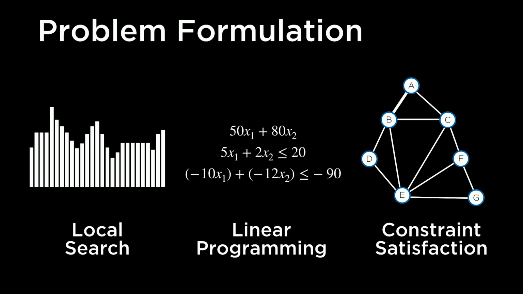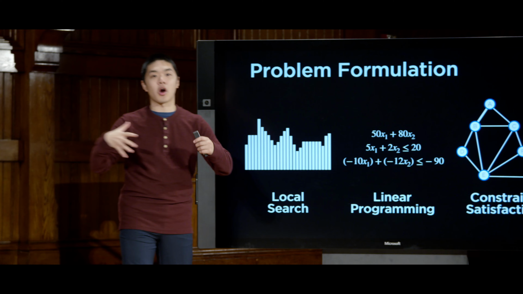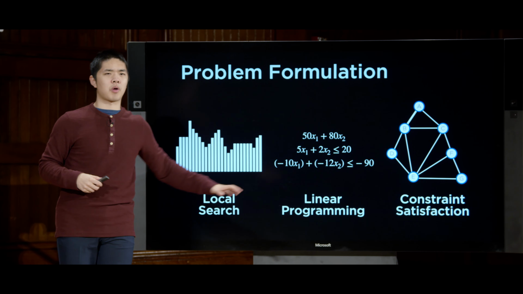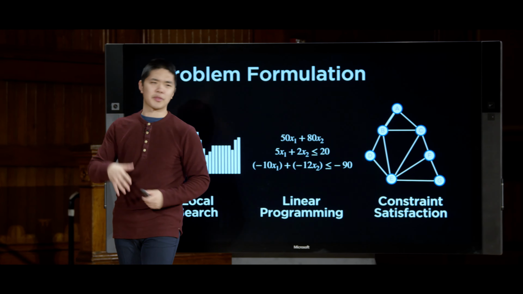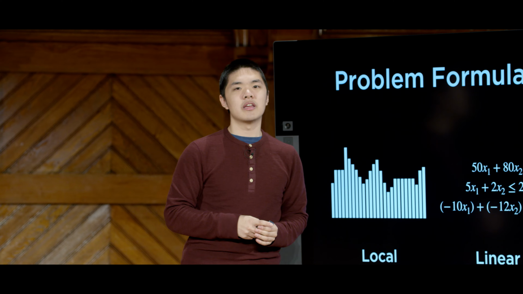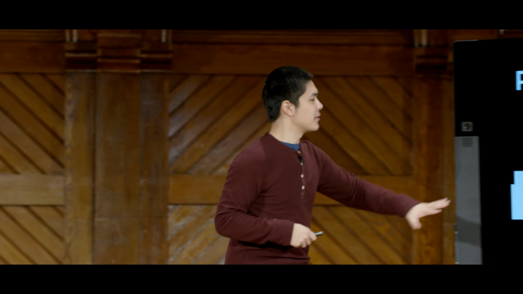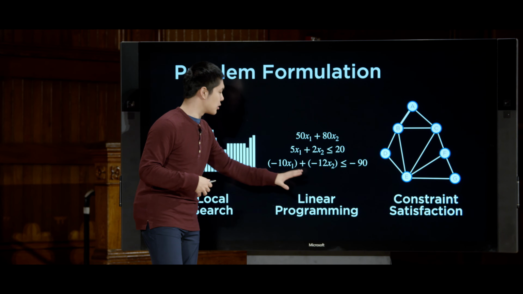And so the takeaway of all of this now is that if we have some problem in artificial intelligence that we would like to use AI to be able to solve, whether that's trying to figure out where hospitals should be, or trying to solve the traveling salesman problem, trying to optimize productions and costs and whatnot, or trying to figure out how to satisfy certain constraints, whether that's in a Sudoku puzzle, or in trying to figure out how to schedule exams for a university, or any number of a wide variety of types of problems, if we can formulate that problem as one of these sorts of problems, then we can use these algorithms for enforcing arc consistency and backtracking search, these hill climbing and simulated annealing algorithms, these simplex algorithms and interior point algorithms that can be used to solve linear programs.